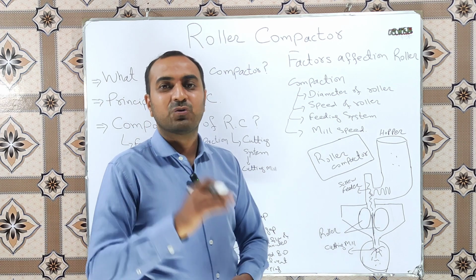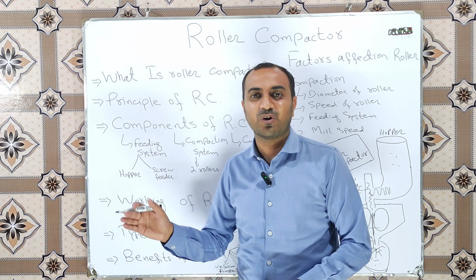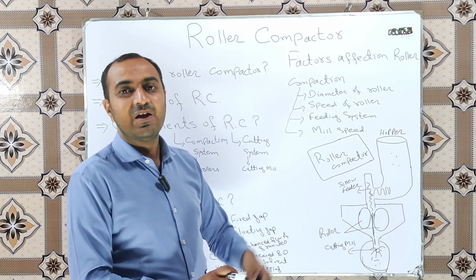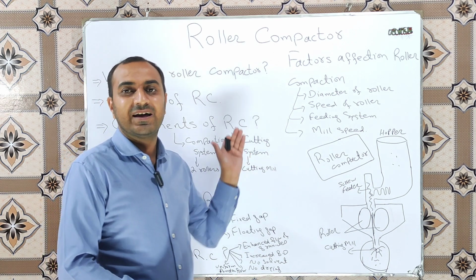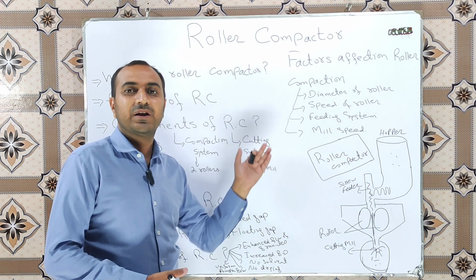So we use the roller compactor for the manufacturing of granules of those products which are sensitive to moisture and heat. Meaning, for the dry granulation process we can use either the slugging method or the alternate method, the roller compactor.